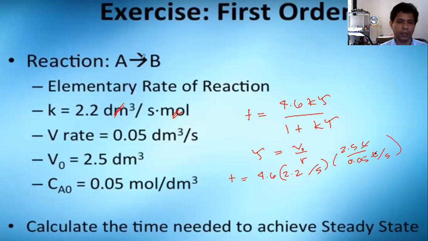As you can see, the liters will cancel out, leaving seconds. In the denominator, we have 1 plus, again, K, which is 2.2 per second, multiplied by 2.5 liters and 0.05 liter per second. This will cancel out.